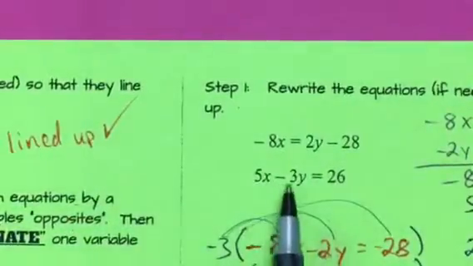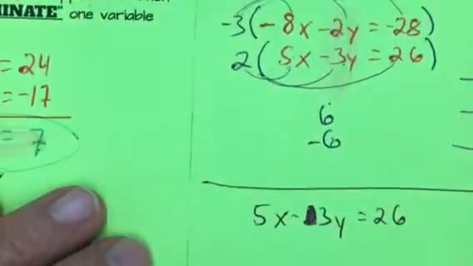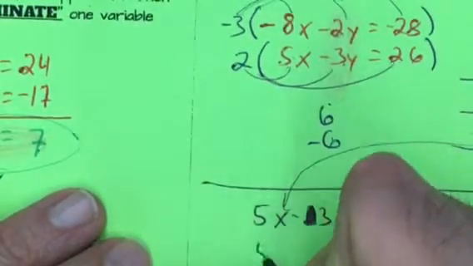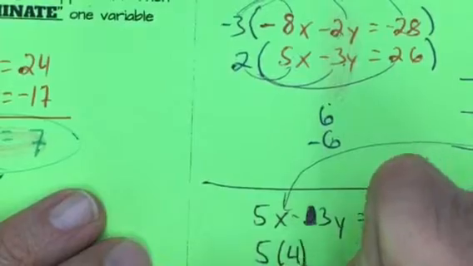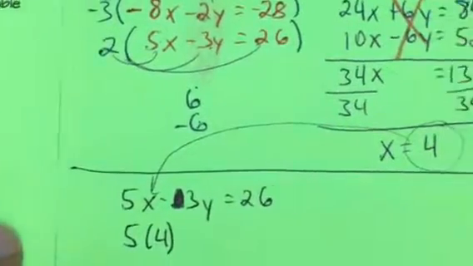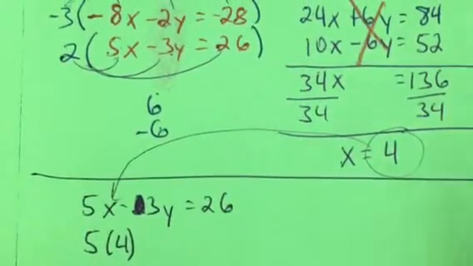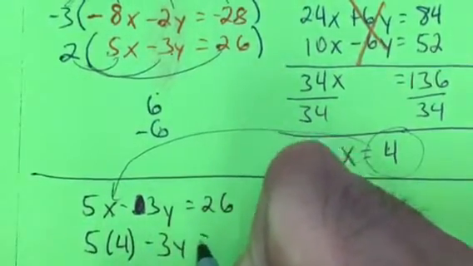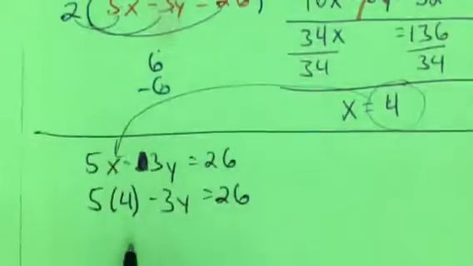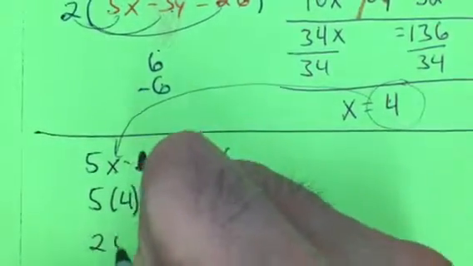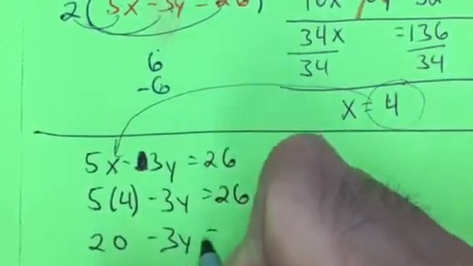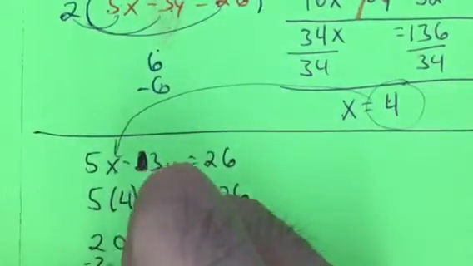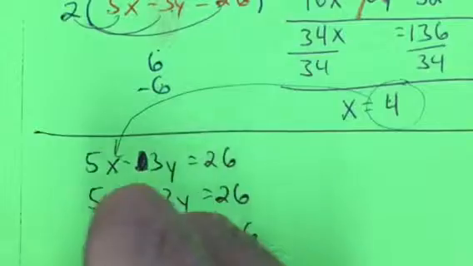Right? Good, I got it. X is 4. 5 times 4 minus 3 times y. 5 times 4 is 20. Minus 3y equals 26. Subtract the 20 to get the y alone.